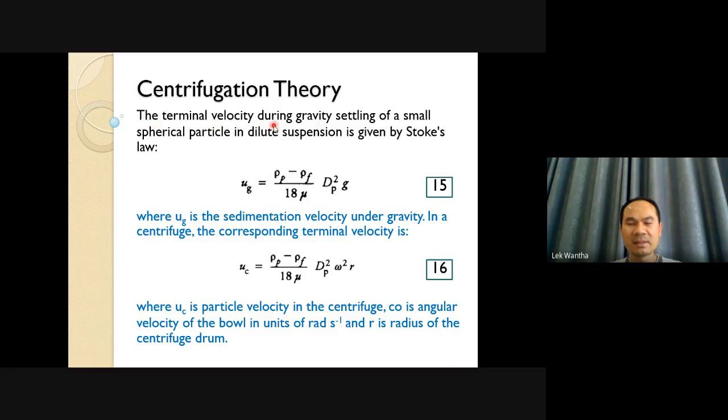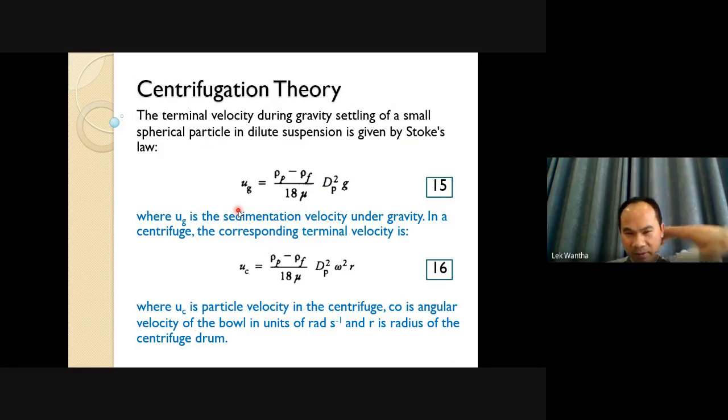If we use Stokes' law, it is the laminar flow case. The terminal velocity Ug is a function of the difference of the density of the particle and the fluid, where rho P is the density of the particle, rho F is the density of the fluid, dP is the diameter of the particle, g is the gravitational acceleration, and divided by the viscosity. This is the terminal velocity.